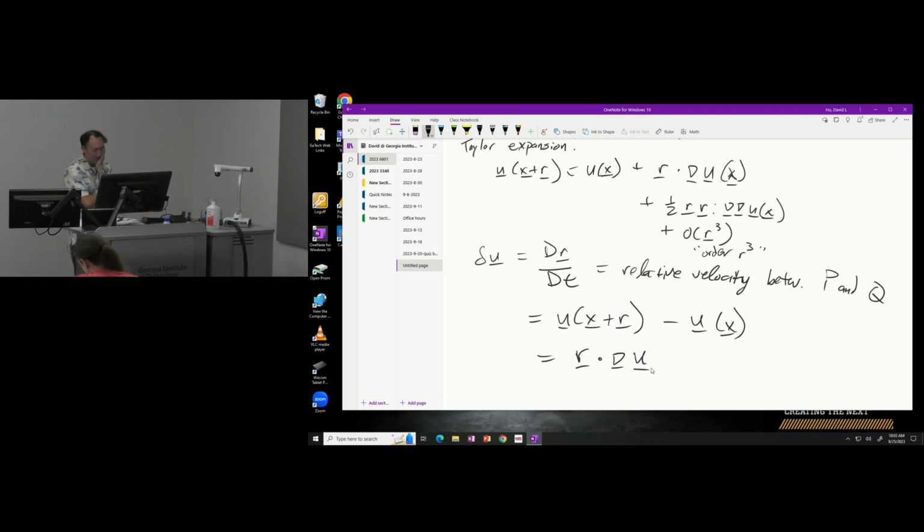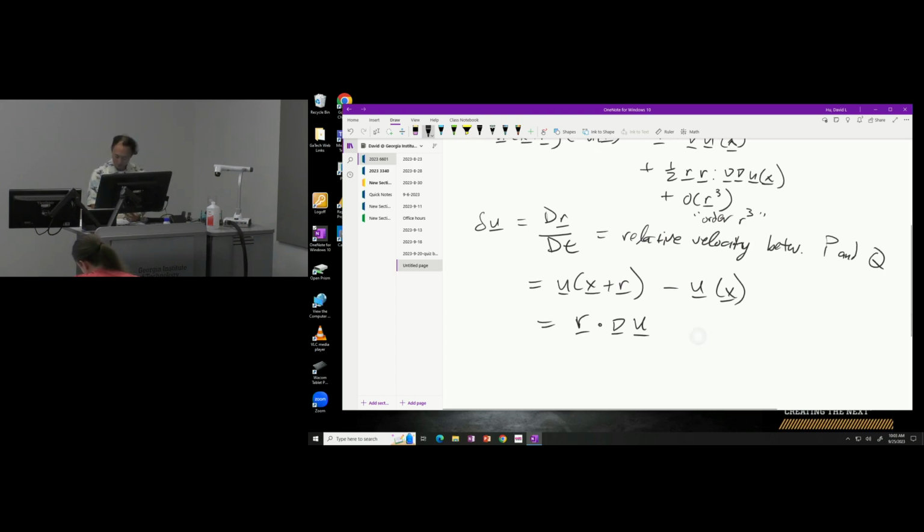It's 3 by 3 because in each direction you have derivatives for each of the 3 independent components, plus higher order terms. And remember, this is the velocity gradient tensor.